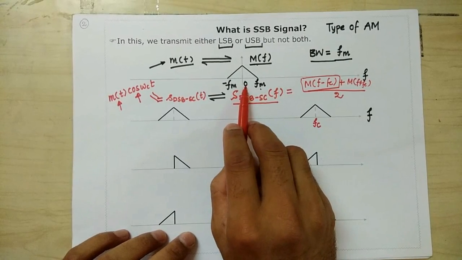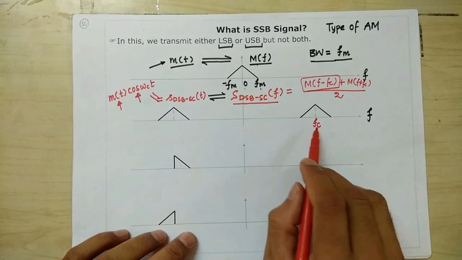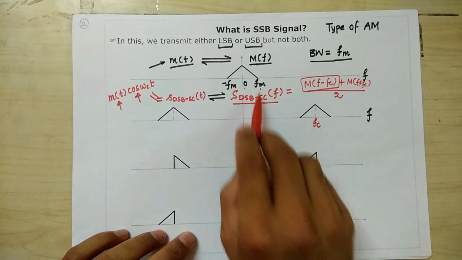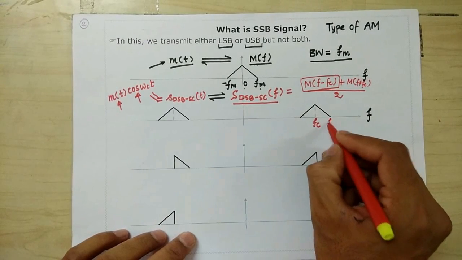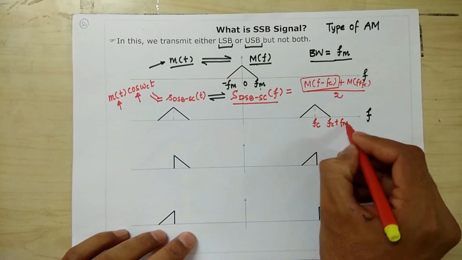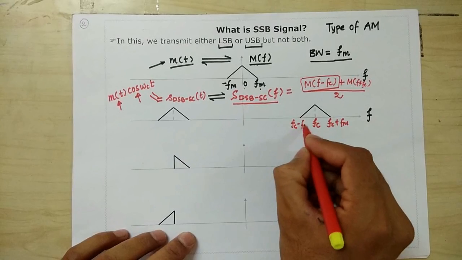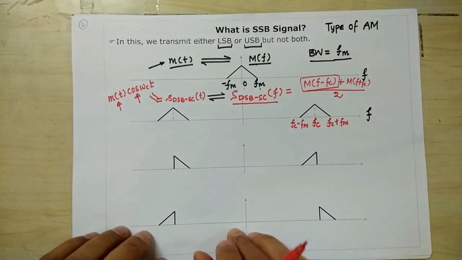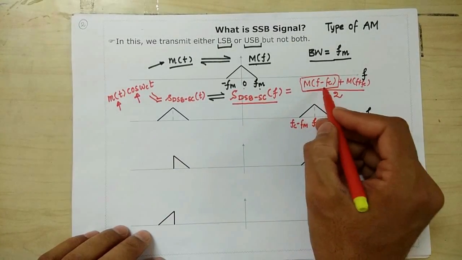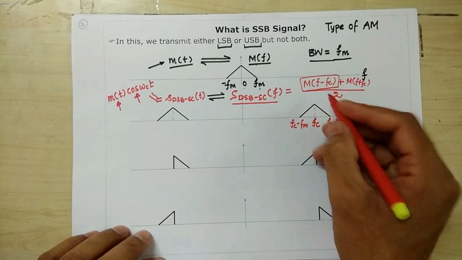Before it was at 0, now it is shifted to fc. So fm will be shifted to fc + fm, and minus fm will be shifted to fc − fm.